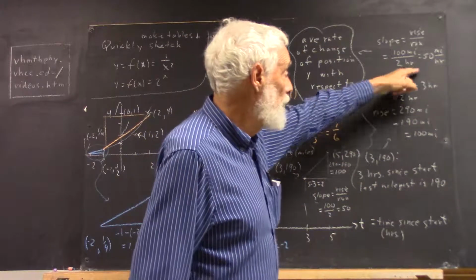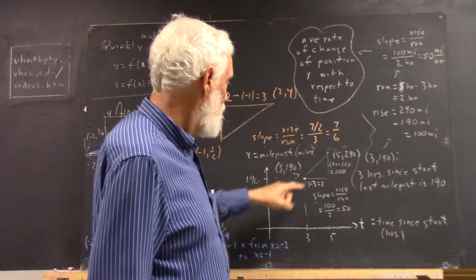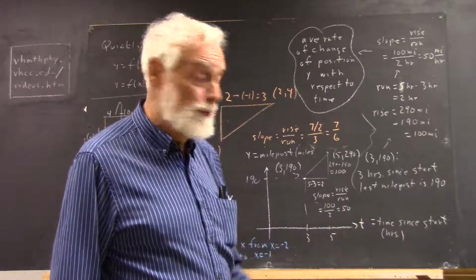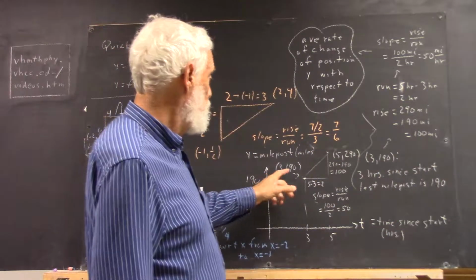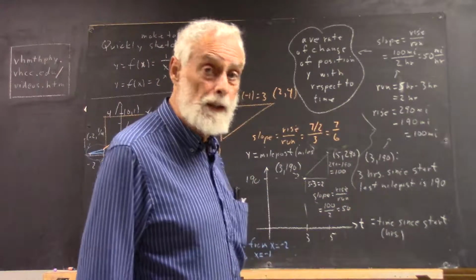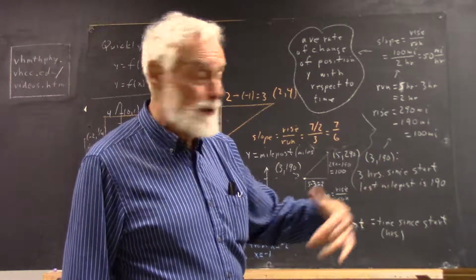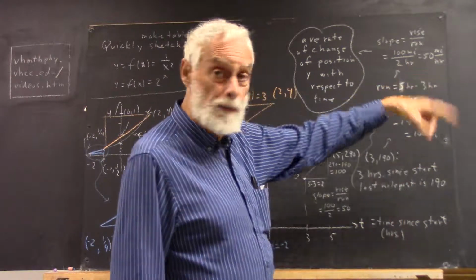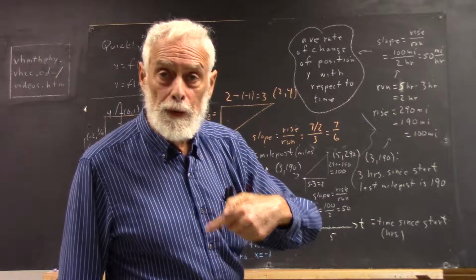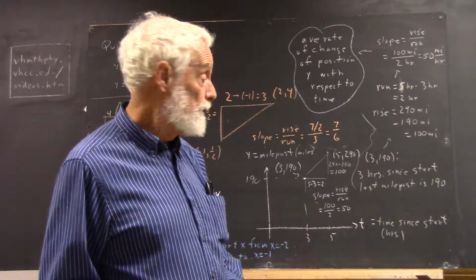We're going 50 miles an hour in the direction that increases the numbers on the milepost. If we were driving south and it was 3,290 and 5,190, then our rise would have been negative 100 miles, and our result would have been negative 50 miles an hour, meaning 50 miles an hour in the direction that decreases the numbers in those mileposts.